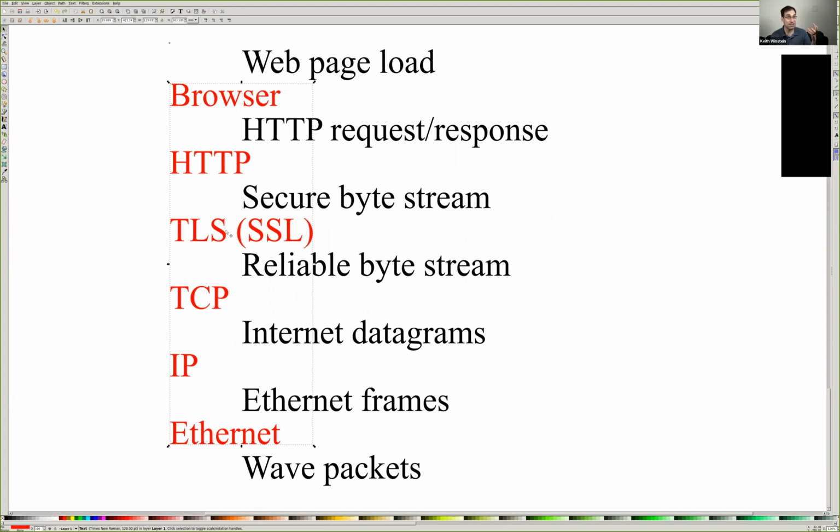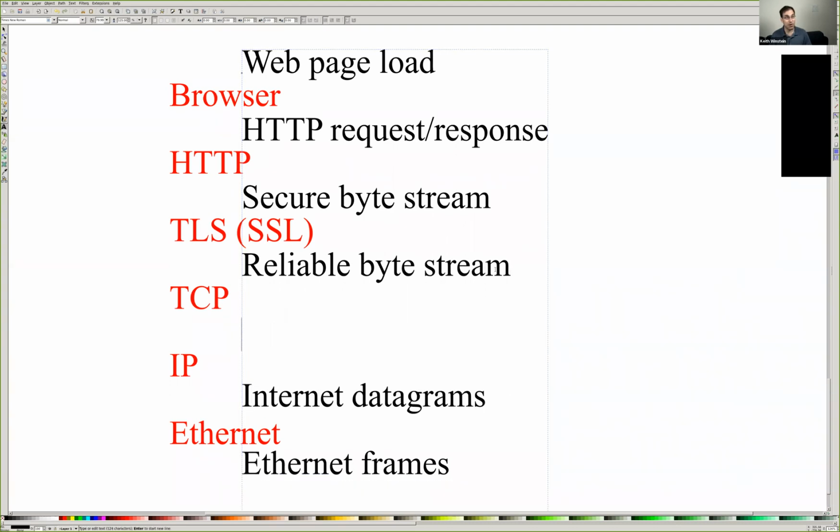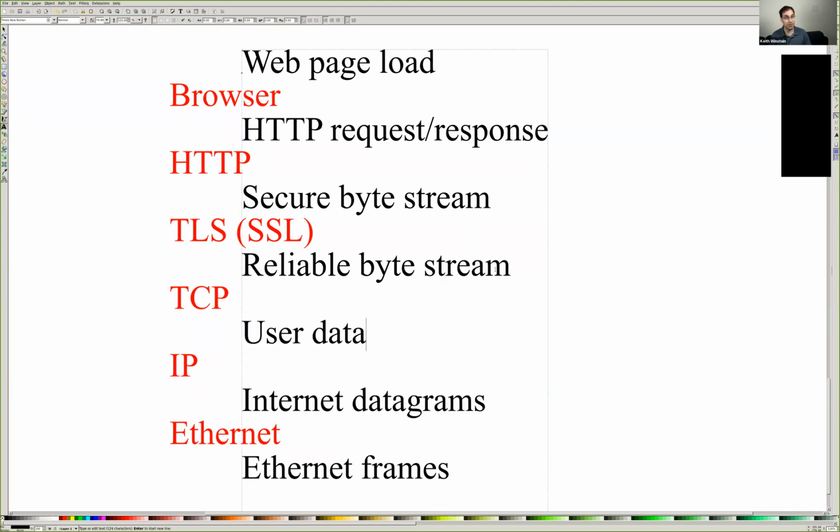But I think the big picture to see is that we have this stack of protocols and this stack of abstractions. And what the security part of the stack does is it's just inserted at one place, and it converts a reliable byte stream into a secure byte stream. Kind of similarly to how, let's say, we had a user datagram protocol. We could also have user datagrams here, and we could have a protocol like, let's see, am I putting this in the wrong place?